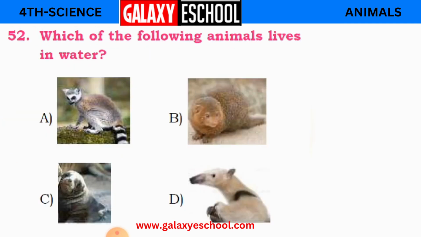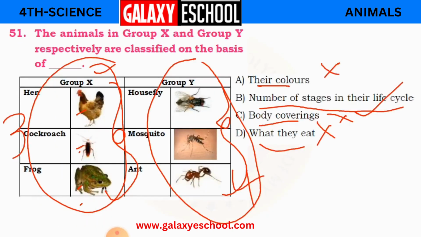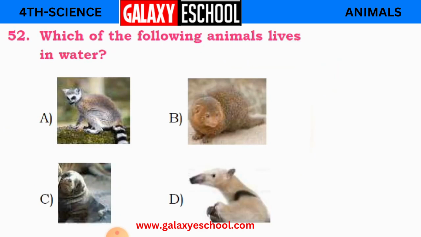Now 52nd question. Which of the following animals lives in water? See, children, here you have got 4 animals. Which of the animals lives in water? So this is C. Which one is the C?